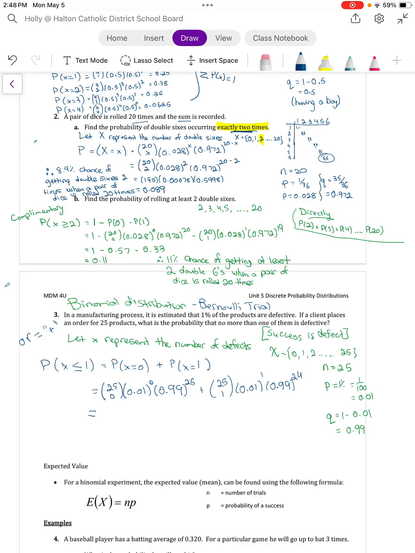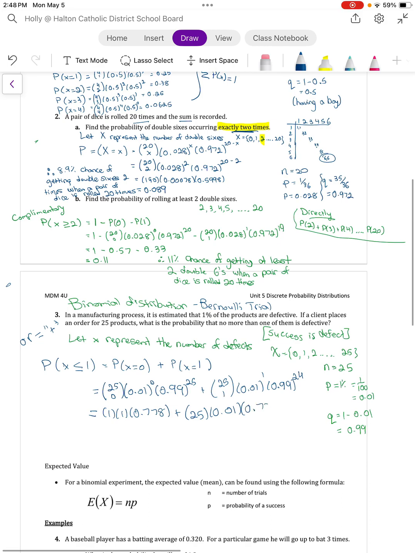Again, some calculations here. 1 times 1 times 0.778. And then 25 choose 1 would be 25 times 0.01, times 0.99 to the exponent of 24, which is 0.786. Using your calculator, you can multiply and then add those two together. So 0.778 plus 0.196 gives you 0.9745.